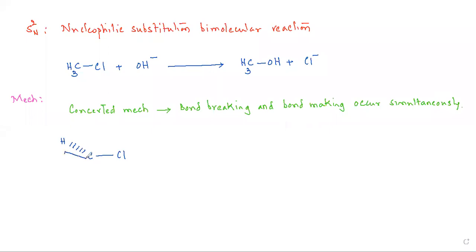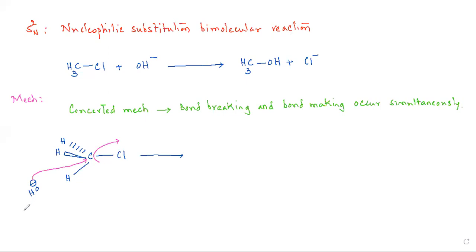Let me take a three-dimensional diagram. Initially, you know, the nucleophile attacks the carbon carrying halogen from the backside.